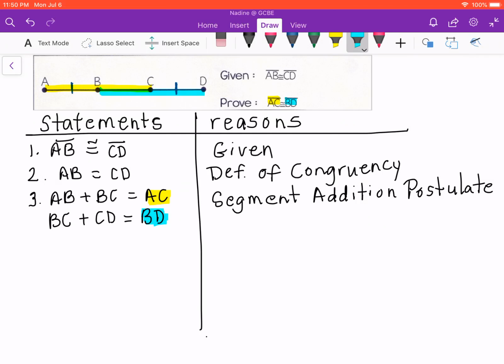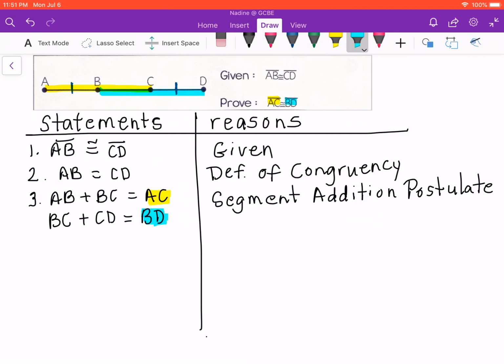So I'm thinking, what can I do to those two statements of number 3, AB plus BC and BC plus CD? Is there anything I can do to make them the same? Is there something I can substitute in? Is there some kind of transitive property I could use?